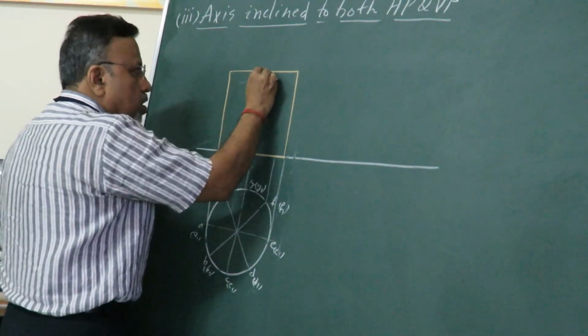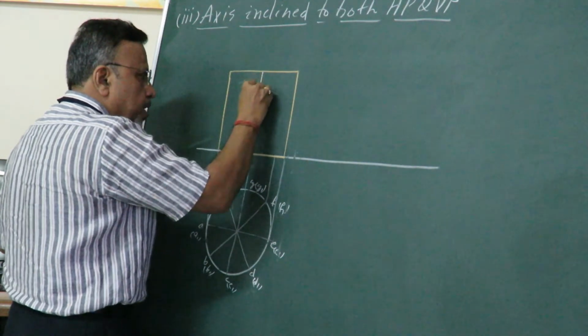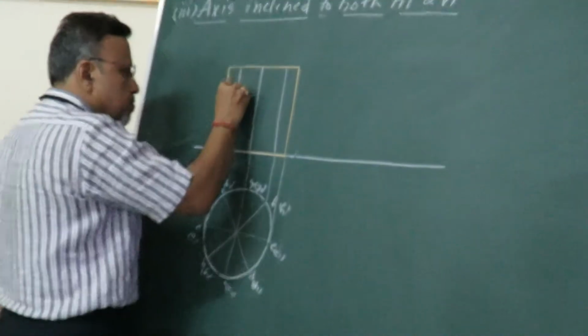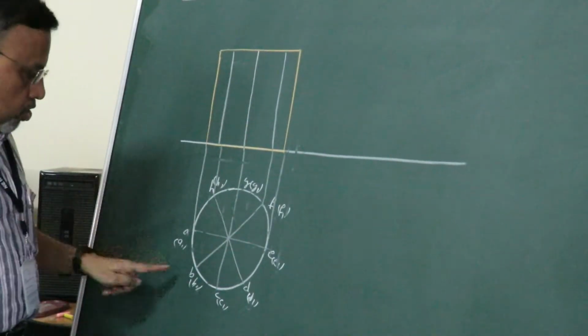Then these are all intermediate generators, so I want to draw these intermediate generators as light as possible. Is it okay? I have just drawn all the generators.